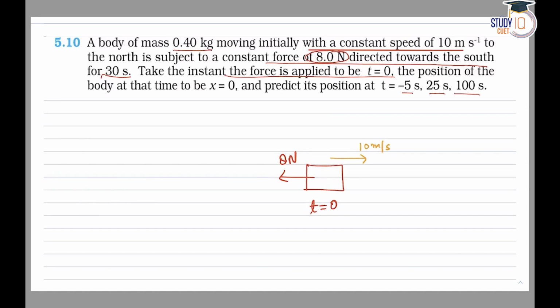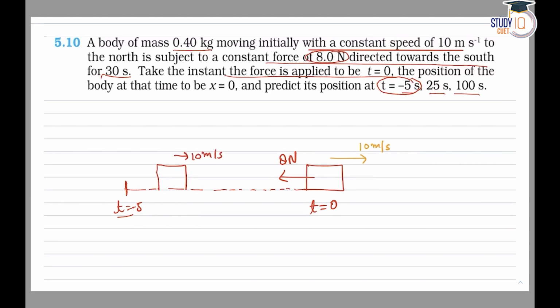At t equal to 0, the force of 8 Newton starts acting on the body in the direction opposite to velocity. What is the significance of t equal to -5? T equal to -5 means 5 seconds before the force acts. So this is t equal to -5, and before t equal to 0 the particle is moving with constant speed, which is equal to 10 meter per second.